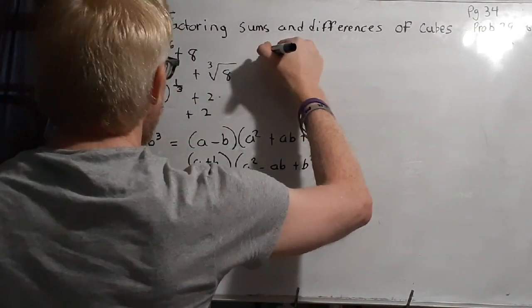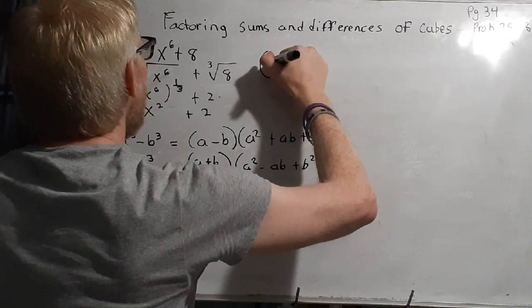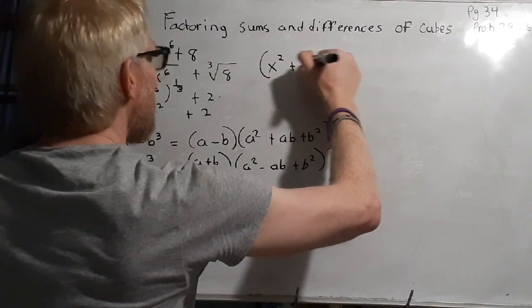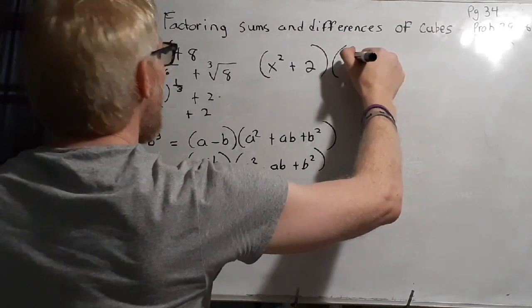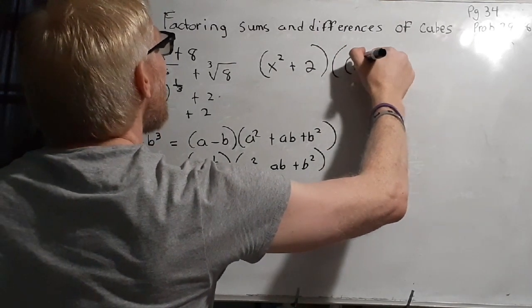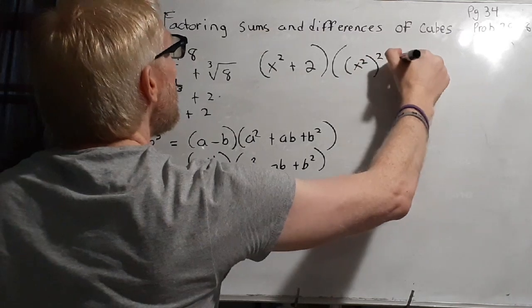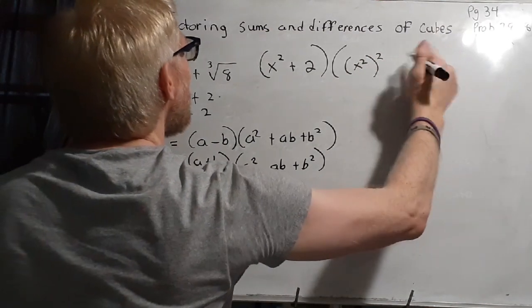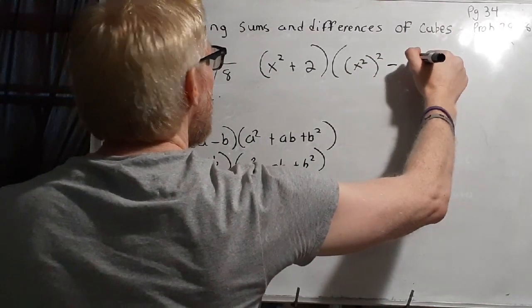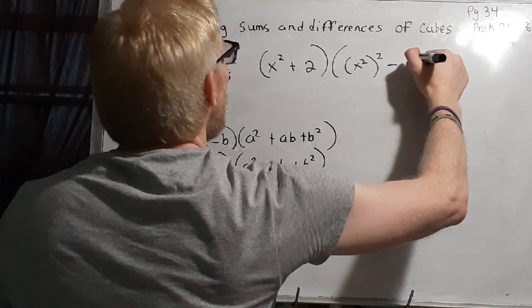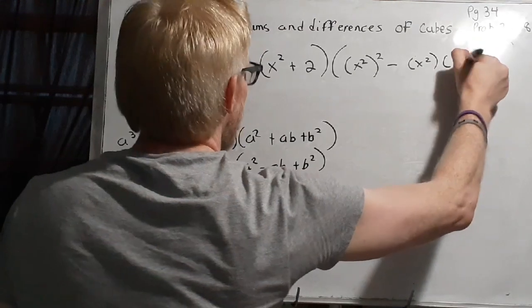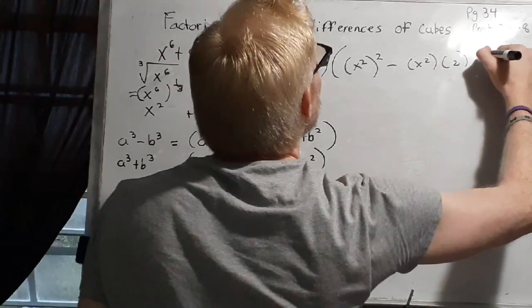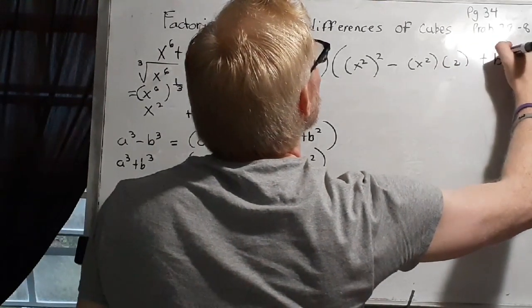And this is going to be x squared, which is A, plus 2, which is B, times A squared, which is x squared elevated to the power of 2, minus A times B, which is x squared times 2, plus B squared, which is 2 squared.